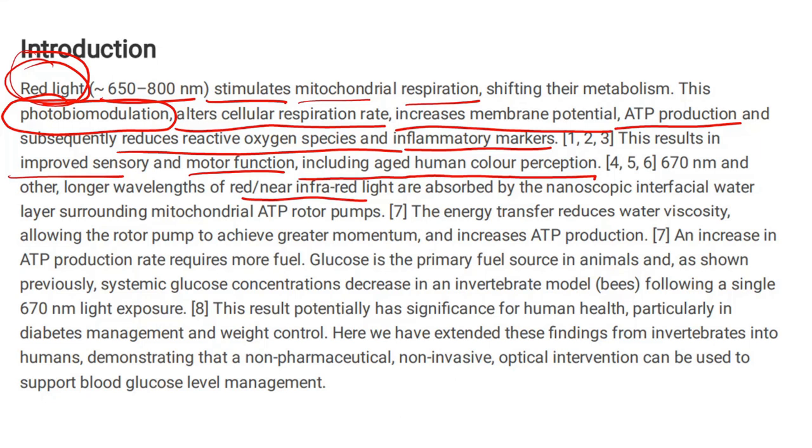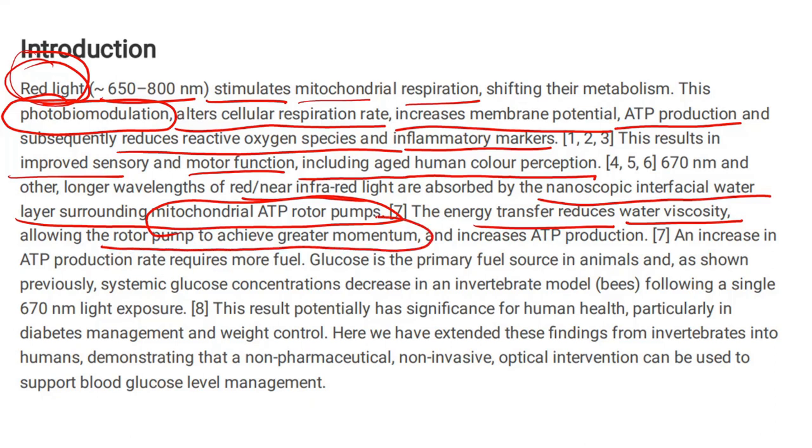They say here that the nanoscopic interfacial water layer surrounding the pumps that we were talking about actually improves when there is energy transferred to that water, becomes less viscous, allowing that rotator pump to achieve greater momentum and increase ATP production. So they say an increase in ATP production requires more fuel.